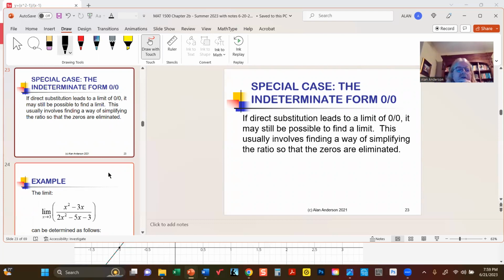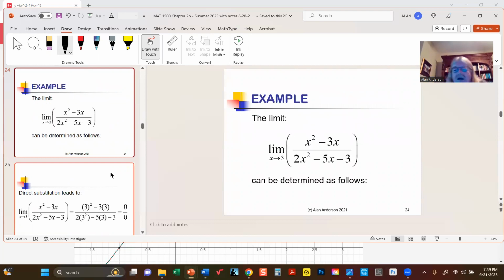Okay, so like here's another example of this. So we know, it's a polynomial. We can plug in the 3 for all the x's. But if we do, look what happens.